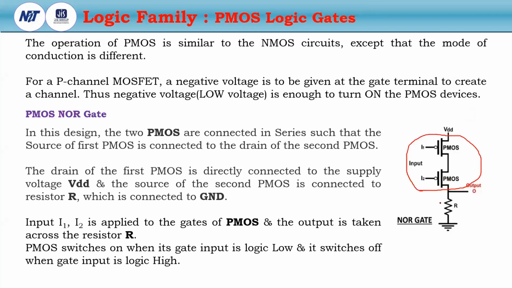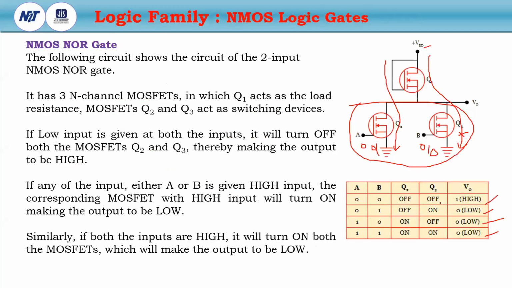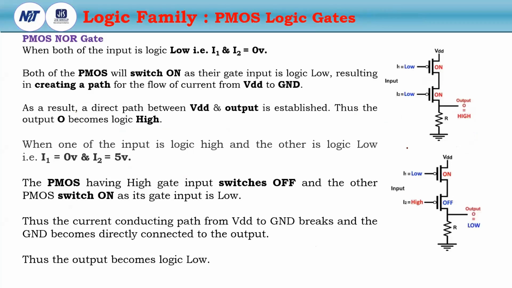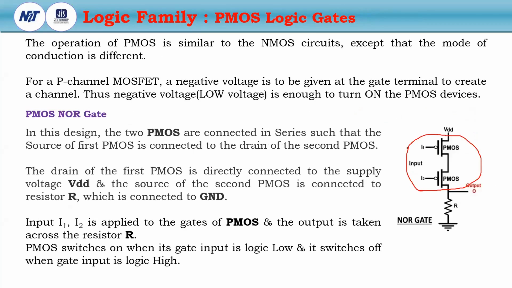Okay. In the NMOS, for any NOR operation or OR operation, the NMOS are connected in parallel at the driver side. Okay. But for any PMOS, for any OR operation, the PMOS are in series at the load section.